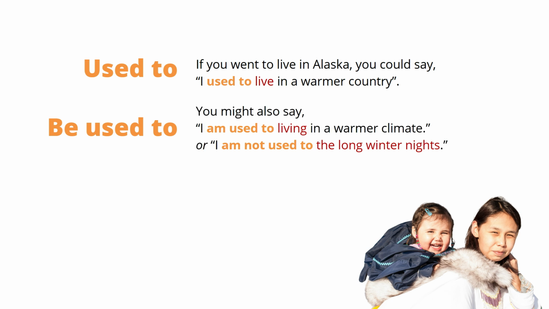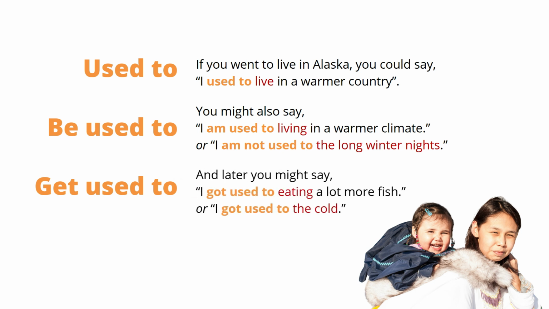Now let's make some sentences with get used to. Later you might say, I got used to eating a lot more fish, meaning I became accustomed to eating a lot more fish. Or, I got used to the cold.